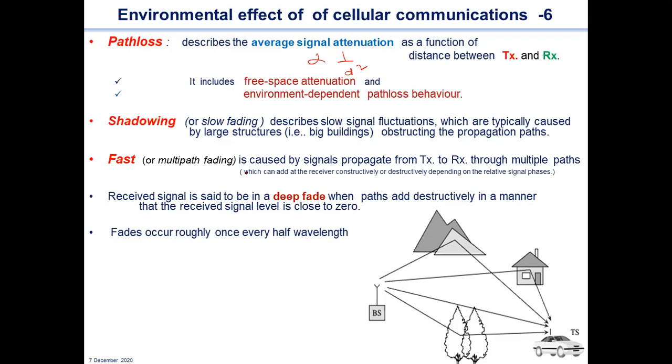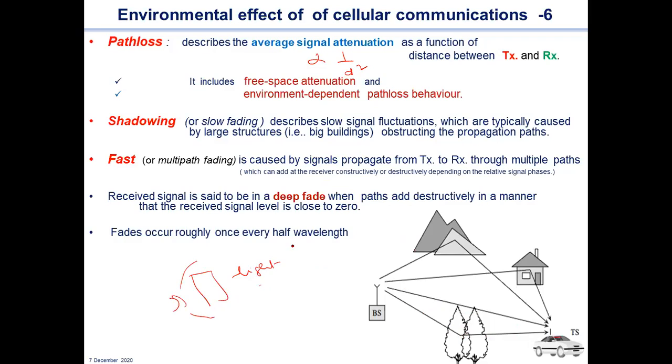And shadowing means, when there is an obstacle, let us say this is a tree, it absorbs some energy. Like the focusing of light, there is an object here, still you will get attenuated light here. So that is what shadowing is.